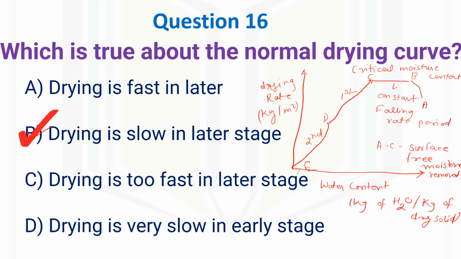The falling rate period is divided into two groups: C to D is the first falling rate period and D to E is the second falling rate period, where the bound moisture is removed. It will take a longer time to dry because the moisture has to travel from the internal structure of the food to the surface and then get dried. So this is the drying curve, and our correct option is drying is slow in the later stages.